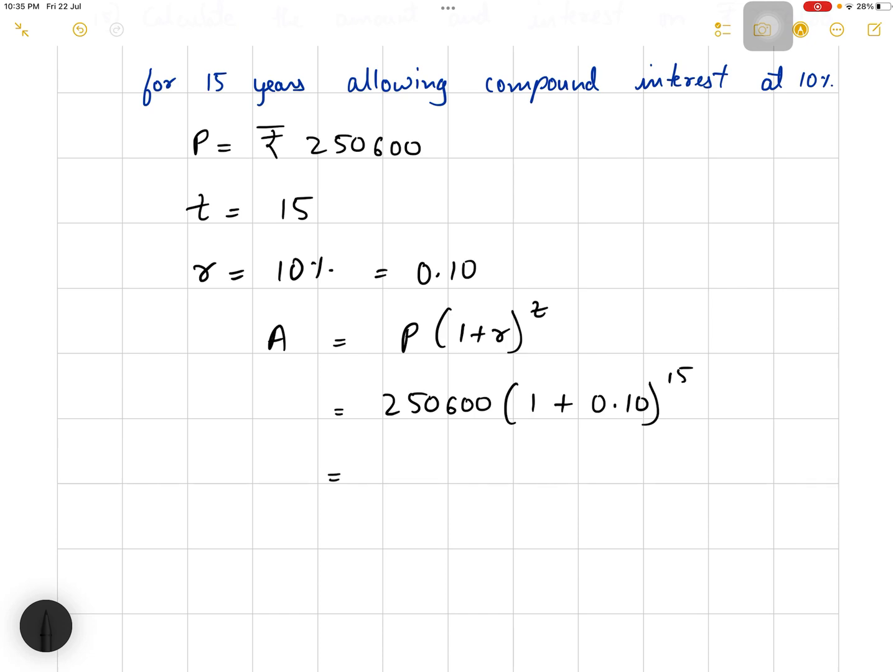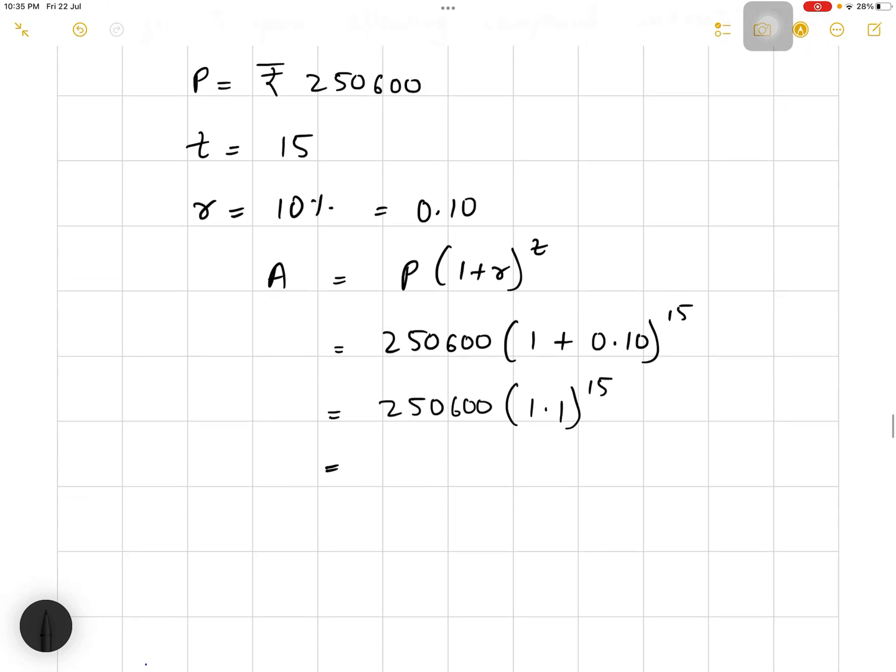Now, next step, I'll just solve the bracket. 1.1 raised to 15. 1.1 raised to 15 means, let's calculate in the calculator.